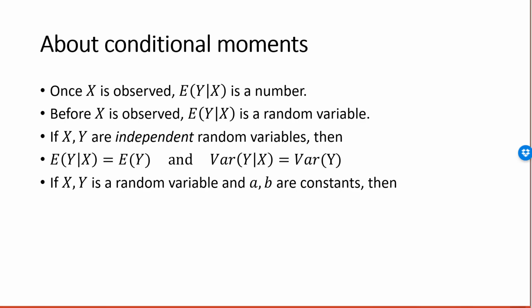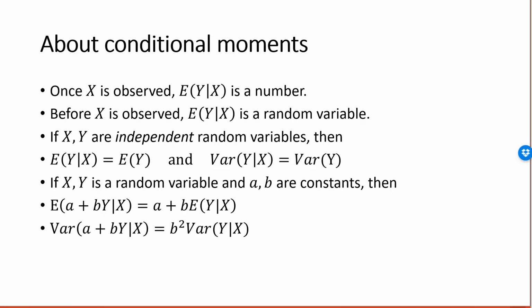So if x and y are random variables, a and b are constants, so we create linear functions here, then the expected value of a plus b y given x is the same as a plus b times the expected value of y given x. So I can still move the conditional expectation operator inside the parentheses. For the variance, we just remember that the constant a goes away and we need to square the b, so we get the variance of a plus b y given x is b squared times the variance of y given x.